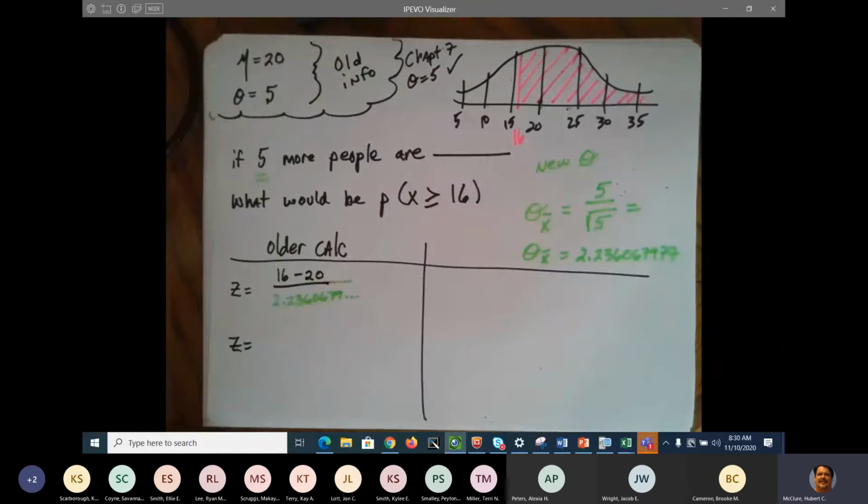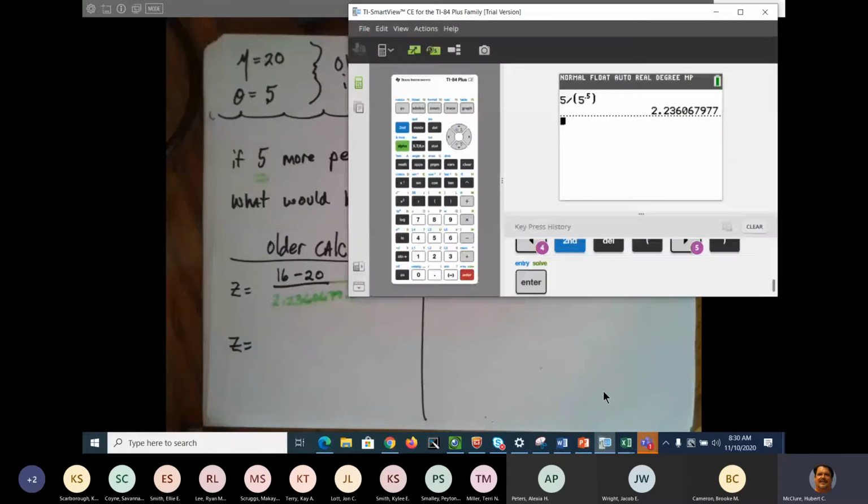Let's see what we get. 16 minus 20 is -4, so -4 divided by the second answer, and it should be a negative.